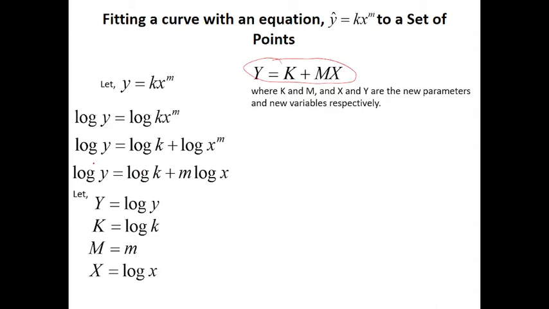So this becomes Y, this becomes K, this becomes uppercase M, this becomes X, where K and M are your new parameters, and X and Y are your new variables.